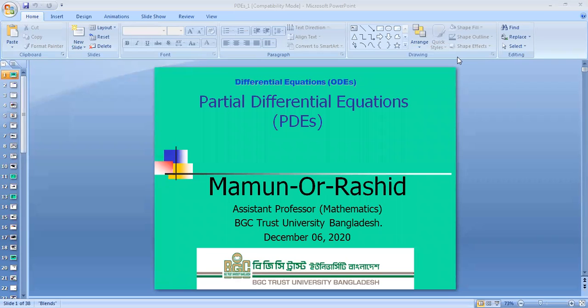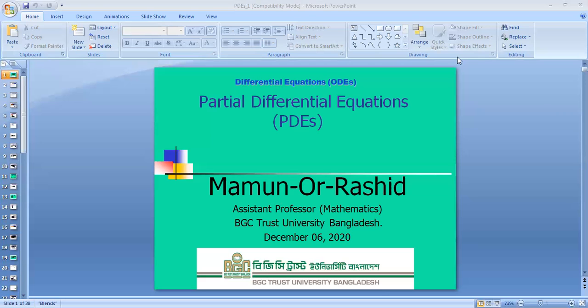Okay, today we'll start with another part of differential equations, partial differential equations. In the previous class, we studied more about ordinary differential equations. In ordinary differential equations, you must know the unknown is only a single variable, and the known function, that means the dependent variable, is also a single variable.